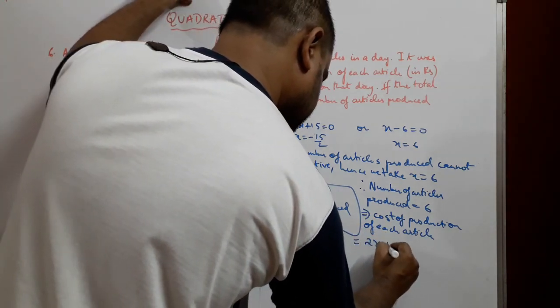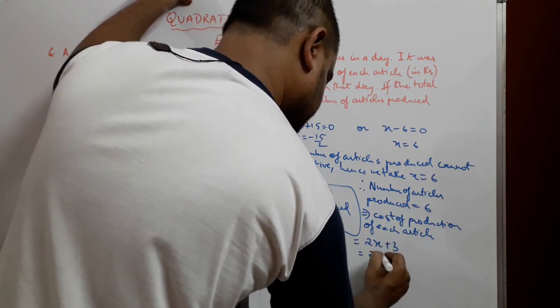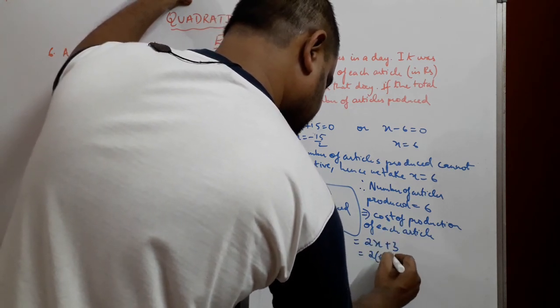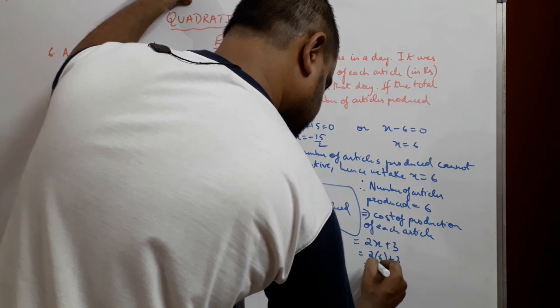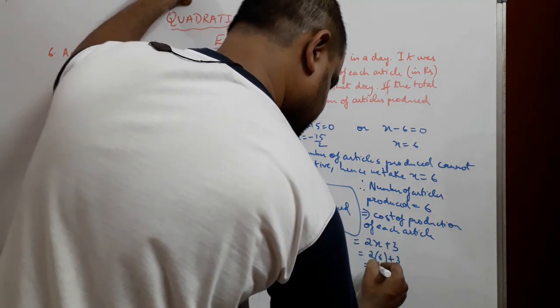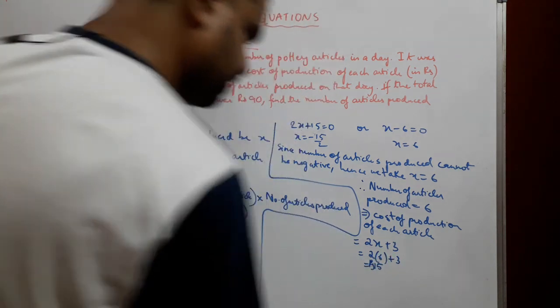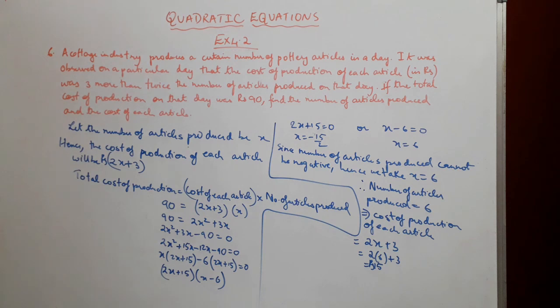So 2x plus 3, right? So x is 6. So 2 into 6 plus 3, which comes to 12 plus 3, 15. So that would be 15. So that is, we can put rupees 15, right? So this is how we get the answer for this sixth problem.